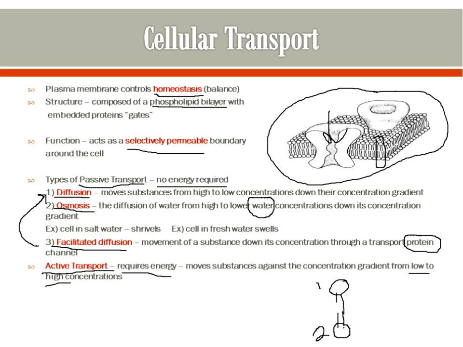That would be active transport, which requires energy to do so. The other three are passive, which means they don't require energy to do so. So again, diffusion is just particles from a high to low concentration. Osmosis is the same thing, but water moving from a high to low concentration. Facilitated diffusion is also the same thing, but with the help of a protein.